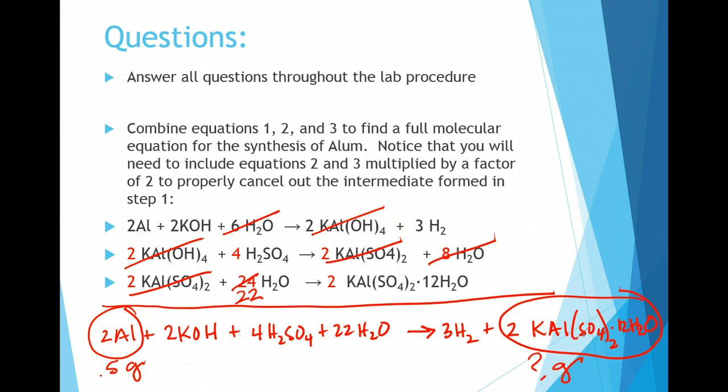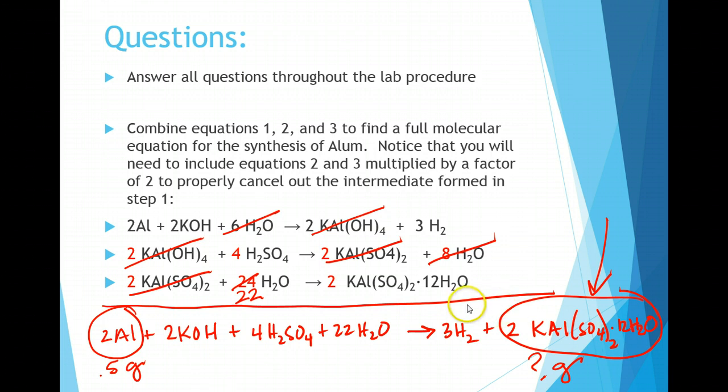One thing to be careful of, when you are adding up the molar mass of alum, be sure you include the waters of hydration. I will tell you that the molar mass of alum, when you add it up, should be between 450 and 500 grams per mole. If you're not getting that, then double check your molar mass for alum.